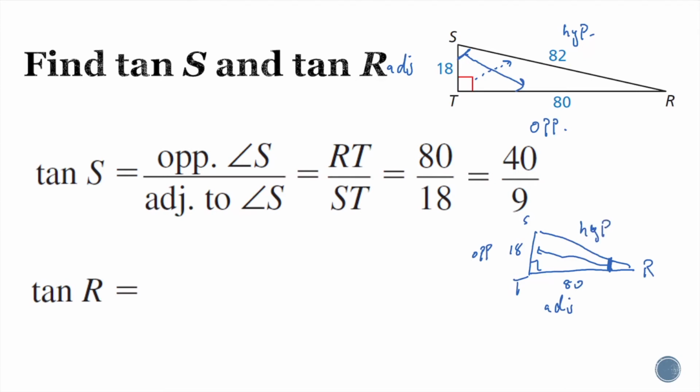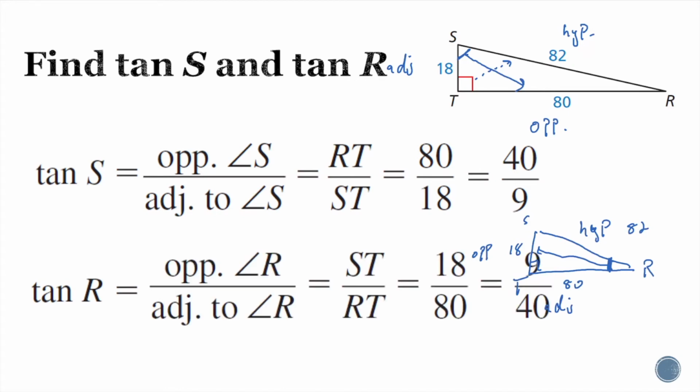And we have my hypotenuse 82. Hopefully you got 9 over 40, which should make sense because it is in reverse, right? Tangent of S is the opposite of S over the adjacent, and now tangent of R is the opposite of R divided by the adjacent to R.